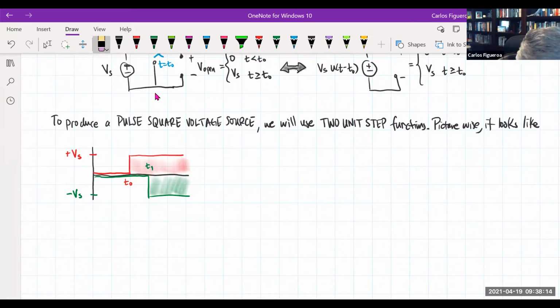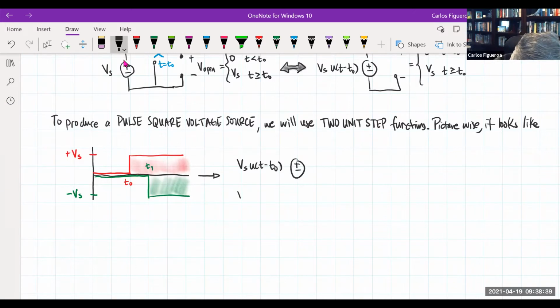What I really have here is that I can model this by 2 different pulse sources. So I have a source that does what? It turns on at T naught. So here's my source here. But then I have a negative source.